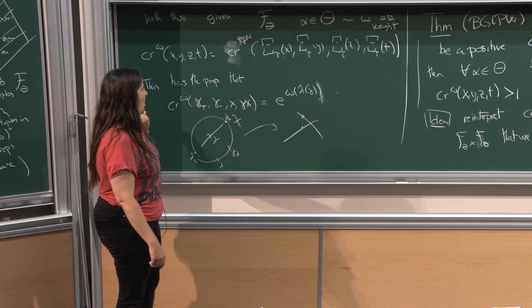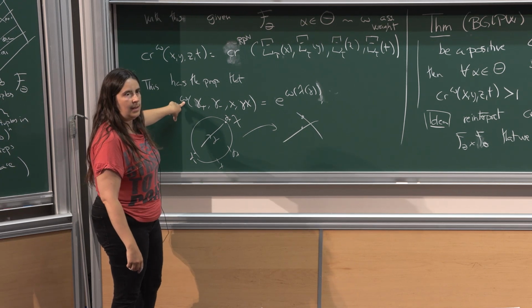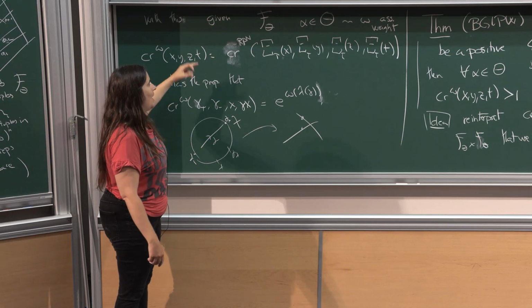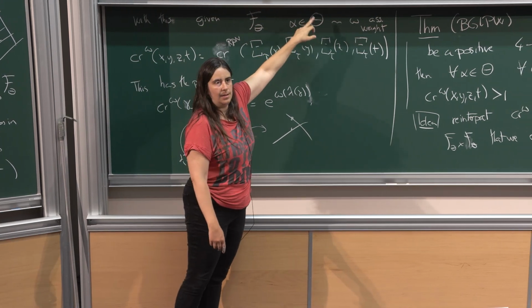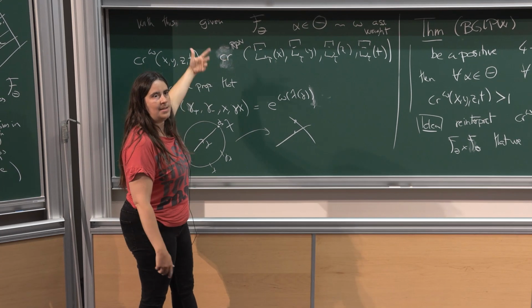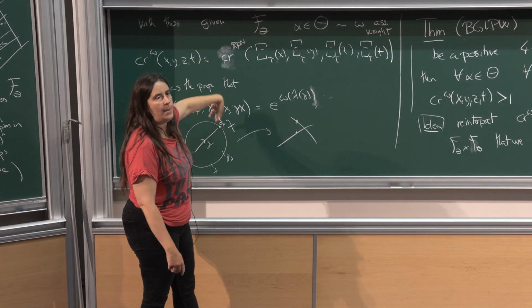What is true more generally is that for any weight generated by the fundamental weights associated to elements in theta, you have an associated cross ratio the same way, and this associated cross ratio will be positive.